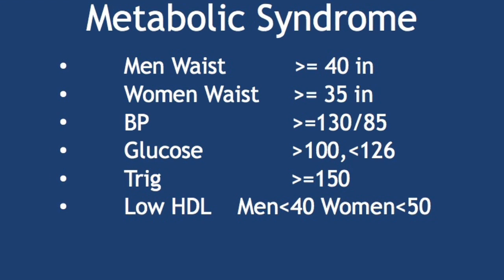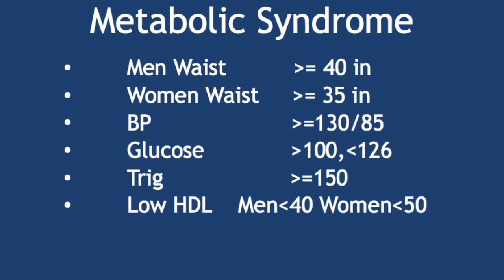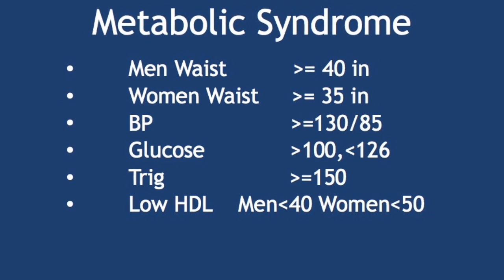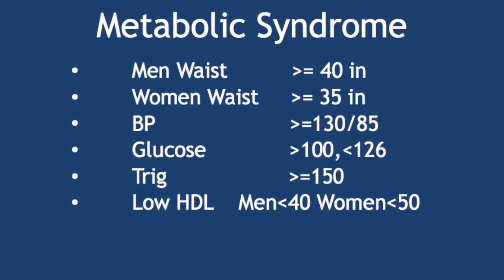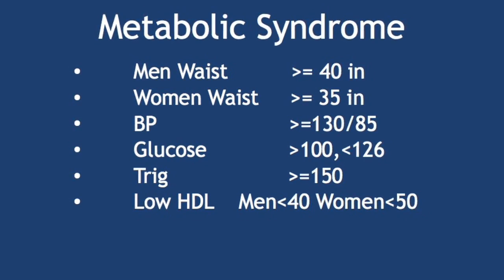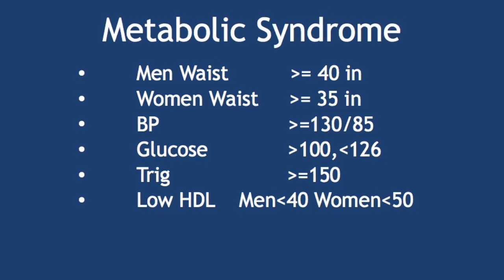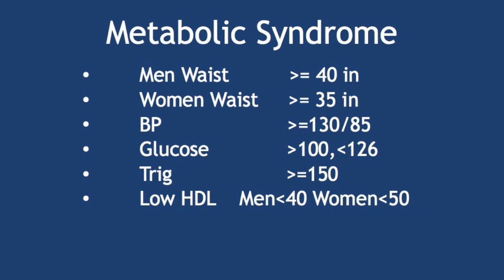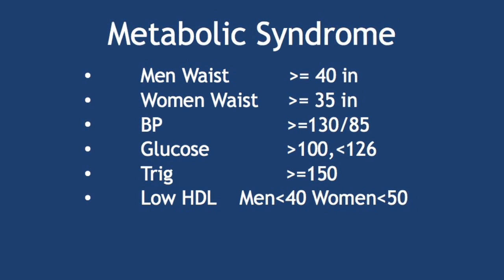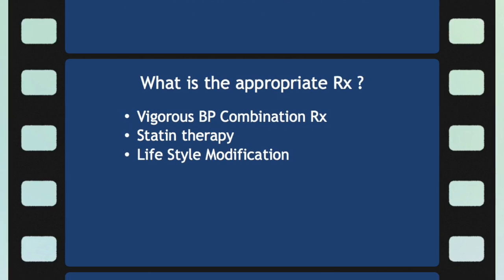This gentleman had waist size 41 inches, blood pressure 150/88, fasting glucose 120, a triglyceride of 220, and an HDL of 36. The patient had all 5 criteria of the metabolic syndrome.